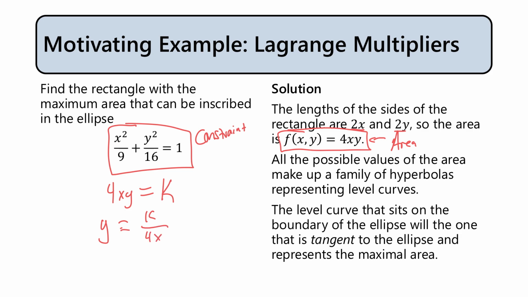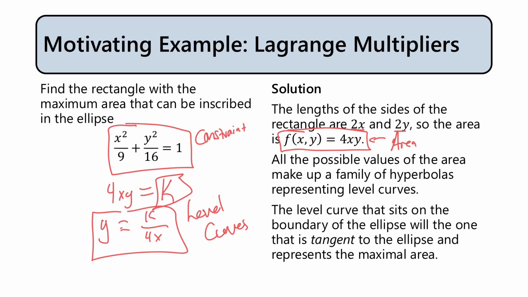So that's a family of hyperbolas. So this is a bunch of level curves. So all of the possible areas, even the ones in between whole numbers, like all of the real number values here for these level curves, make up a family of hyperbolas.